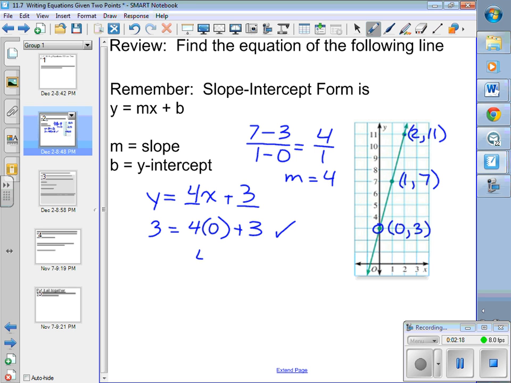So we plug 4 times 1 plus 3, and that should be equal to 7. 4 times 1 is 4, plus 3 is 7. So that checks out. And our final point is 2, 11. So 4 times 2 plus 3 should be equal to 11. 4 times 2 is 8, plus 3 is 11. 11 equals 11, so that checks out.